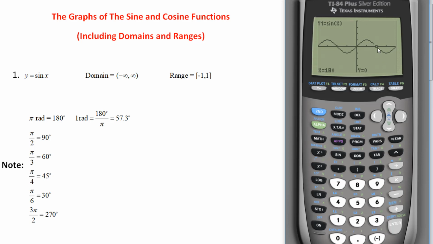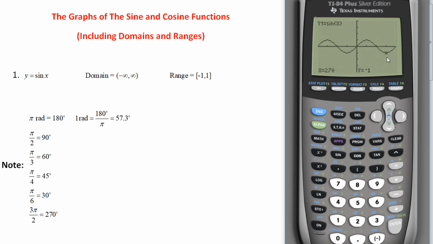Okay, let's continue. And now, at 180 degrees, or pi radians, the y value is 0. Okay, so I have another x-intercept. I have an x-intercept here at the origin, and one at 180 degrees. So let's continue the trace. Okay, now at 270 degrees, we go down 1 unit.